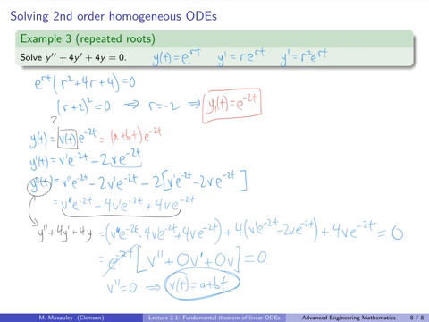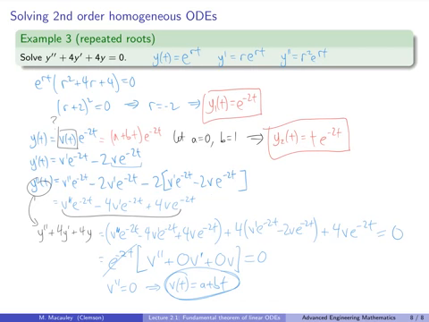So let's let a be equal to 0 and b be equal to 1. If we do that, we get a solution of the form y2 of t equals t e to the minus 2t. And here we go. Now we have two solutions, and hence we have a basis.